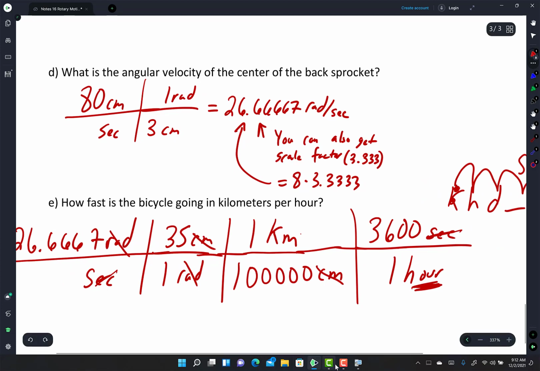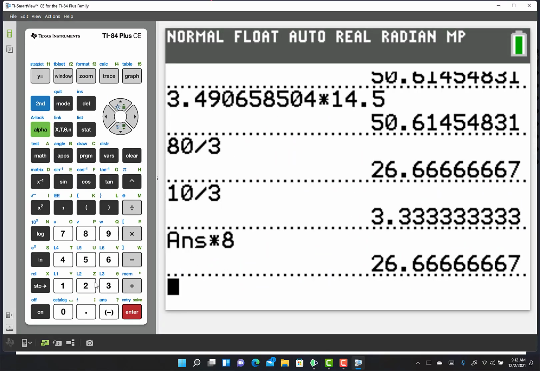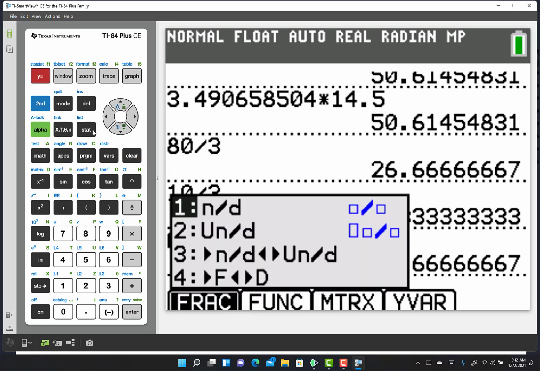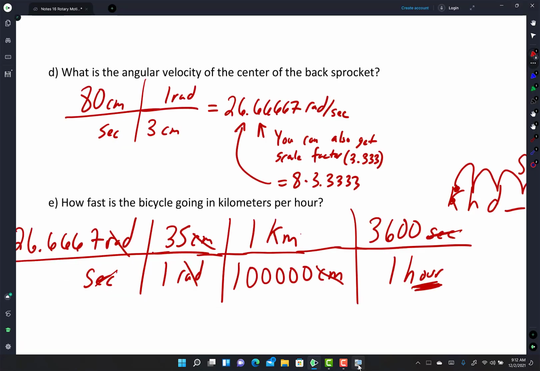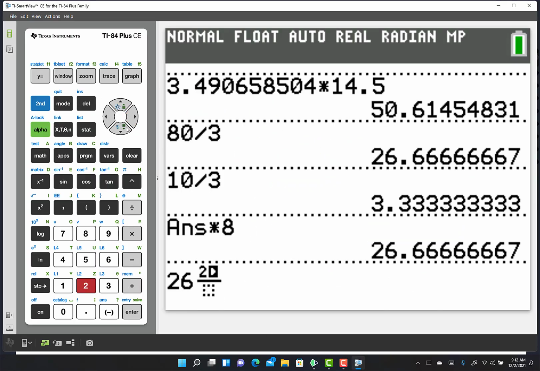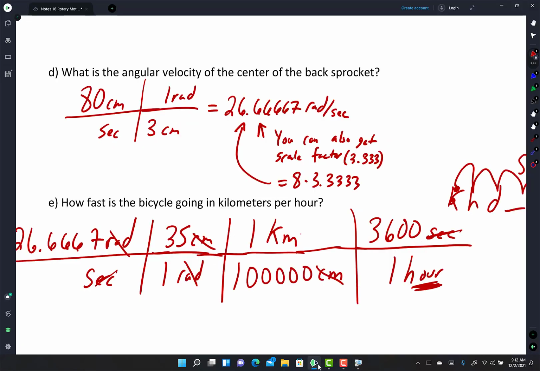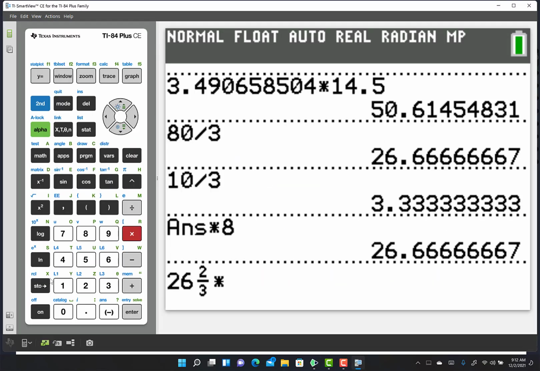So here we go. I take my calculator, and I go 26 and 2/3, you guys told me. Times 35 times 3,600.